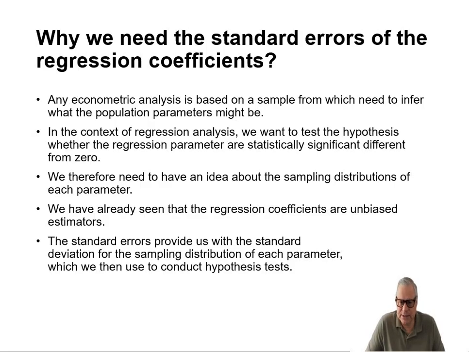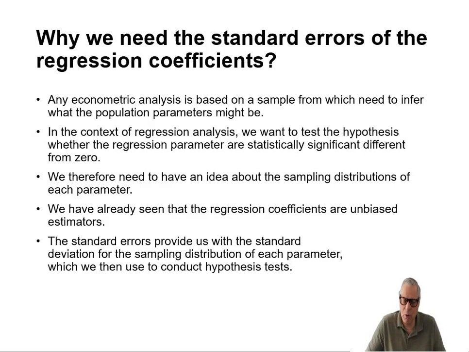And we have already seen that the regression coefficients are unbiased estimators. What that means is, if we were able to take an infinite number of samples from the population, where each unit of observation has, let's say, two characteristics, and we run a regression of one characteristic against the other, we will always get a slightly different intercept and a slightly different slope coefficient.